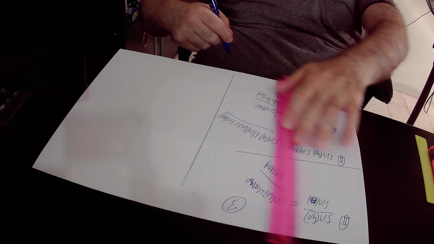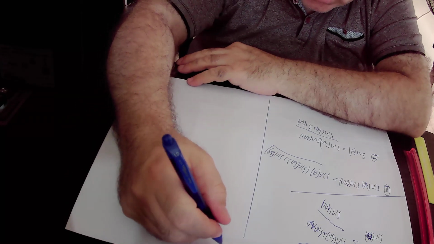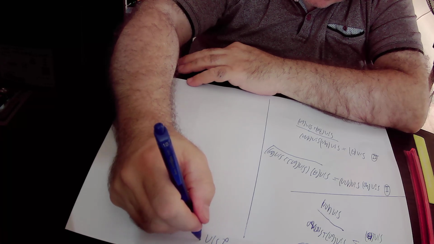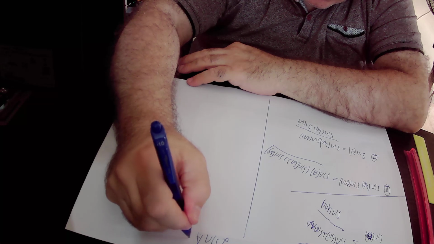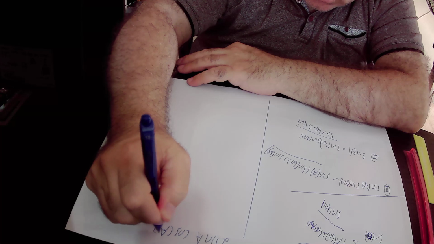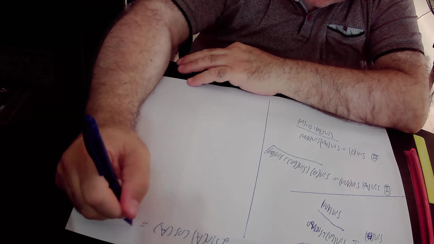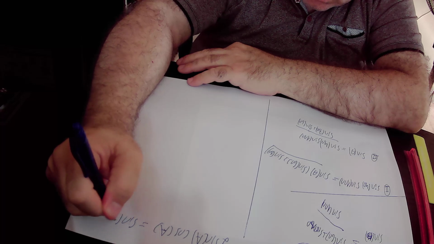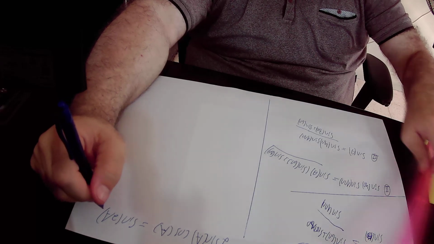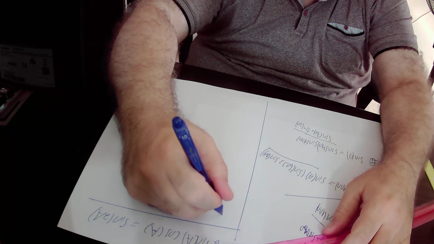I present to you the second trigonometric identity. It is actually 2 times sine A cosine A is equal to sine 2A. We use this trigonometric identity to find the value of sinus 40 degrees.